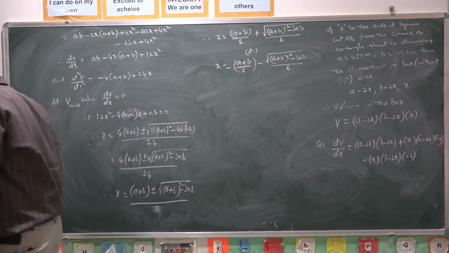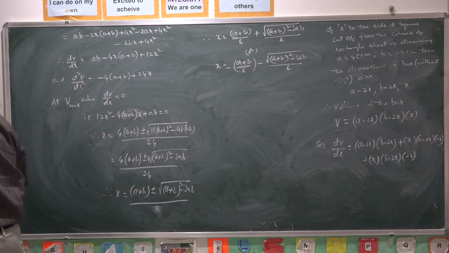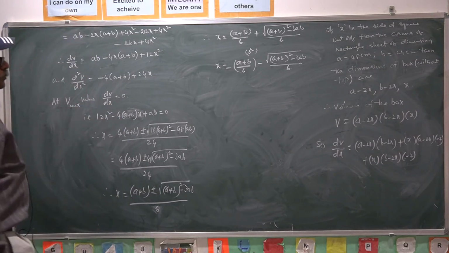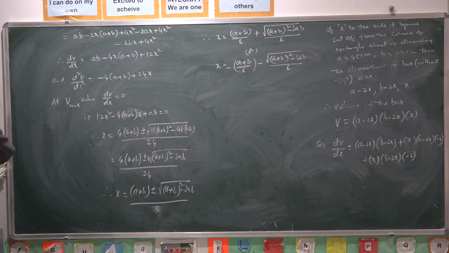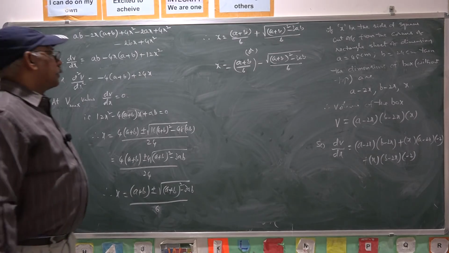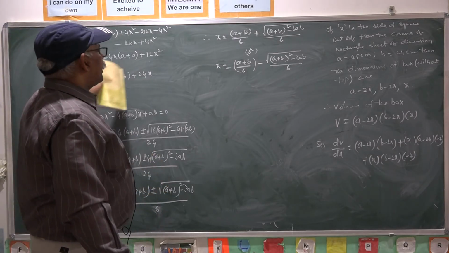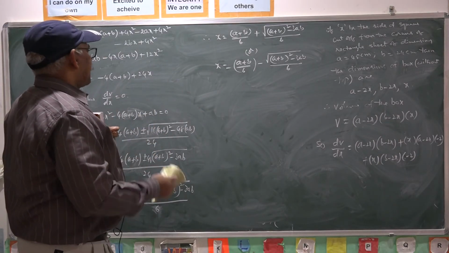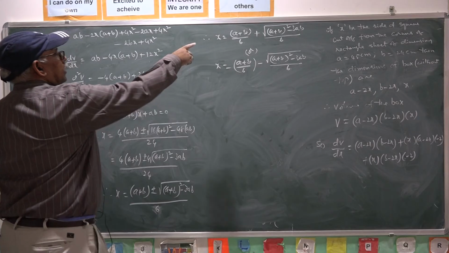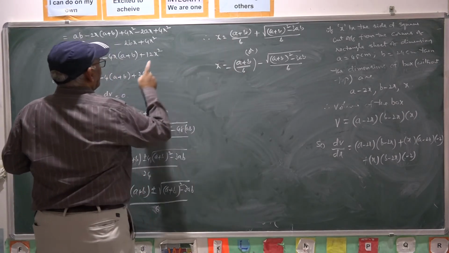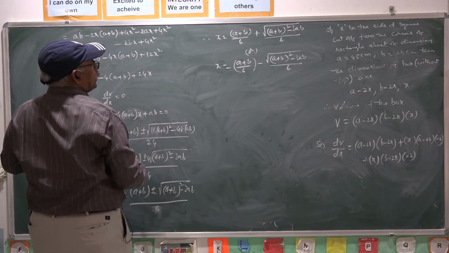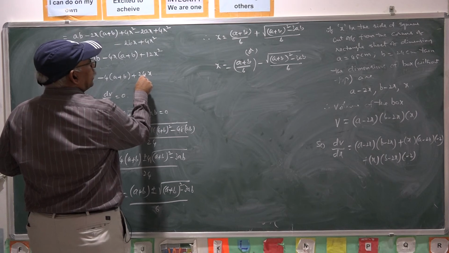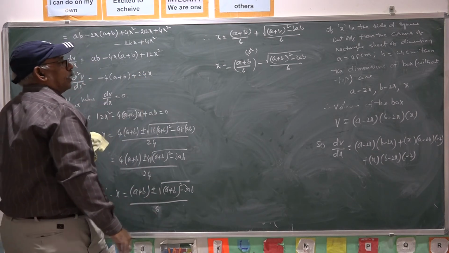At these values, the first derivative is 0. Now consider the second derivative at these values. Taking x as this value, a plus b, putting it in, you get positive.